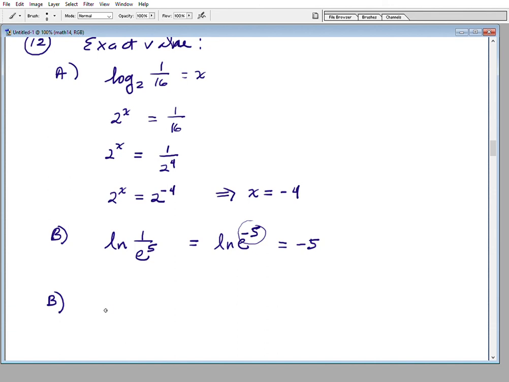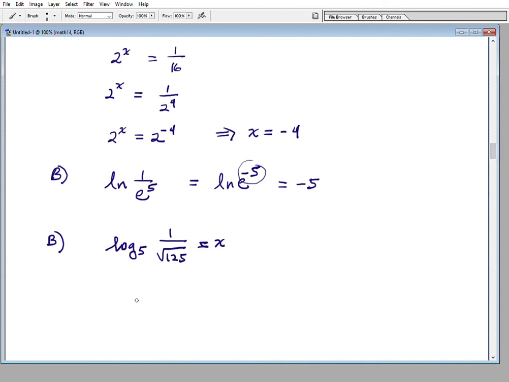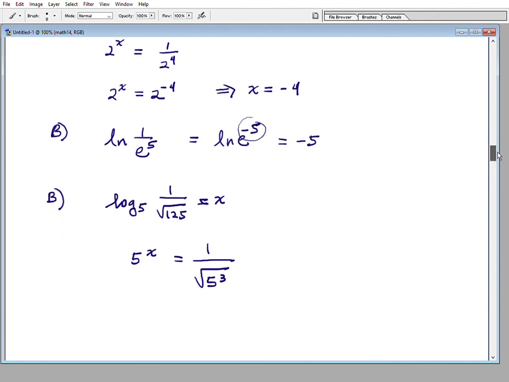Okay, let's say we have log base 5 of 1 over the square root of 125. Here we'll put this equal to x. So we have 5 to the x is equal to 1 over the square root of 5 cubed. So we're starting to put the right-hand side in terms of base 5.